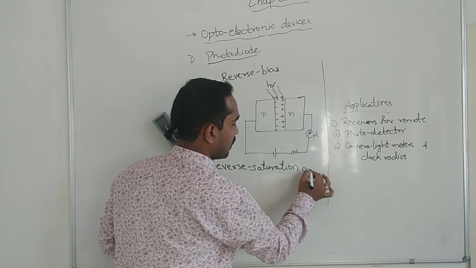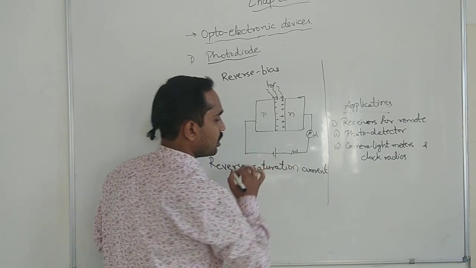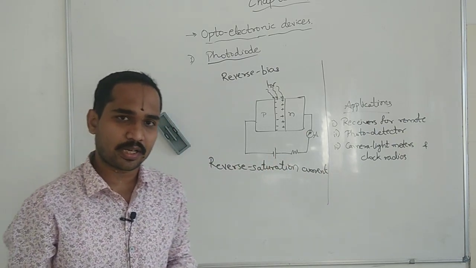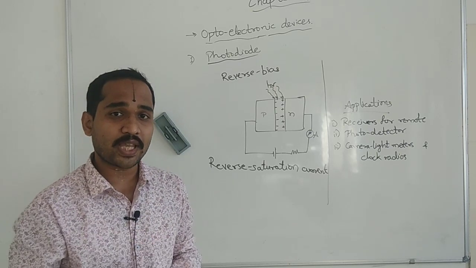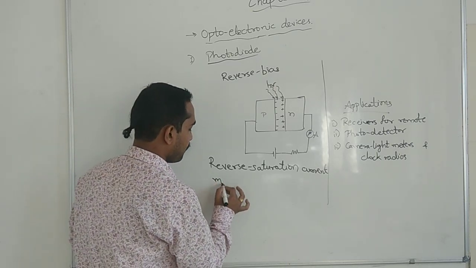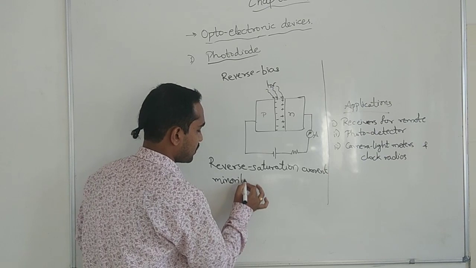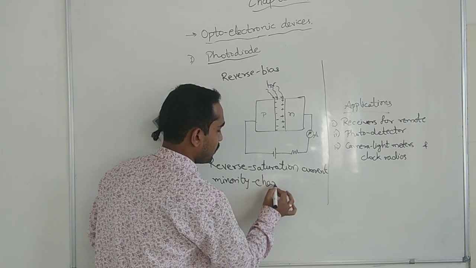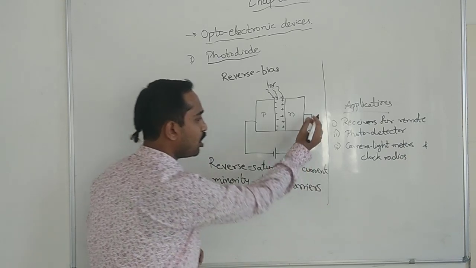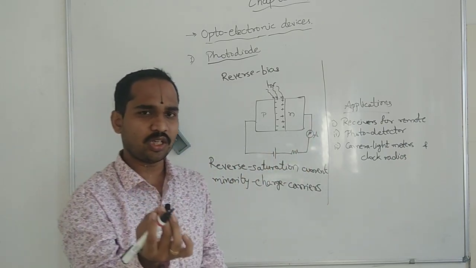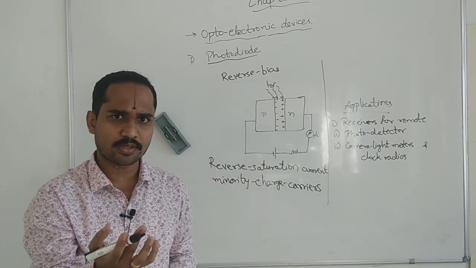This reverse saturation current will be due to which type of carriers? Due to minority charge carriers, there will be a small amount of reverse saturation current in reverse bias. You all know this.